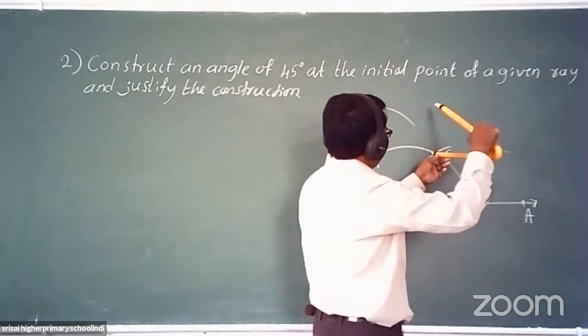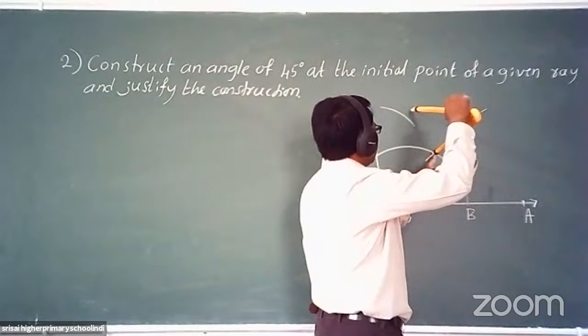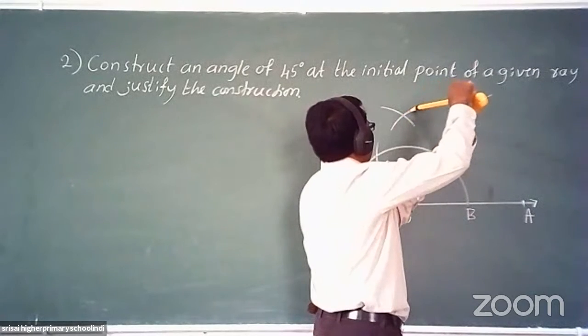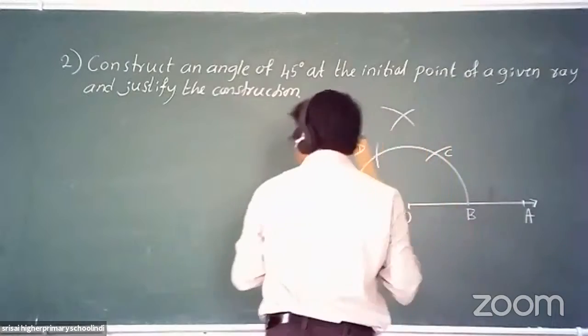Keep the fixed arm of the compass on C and draw another arc. These will intersect each other.